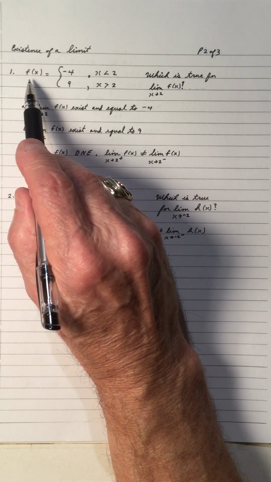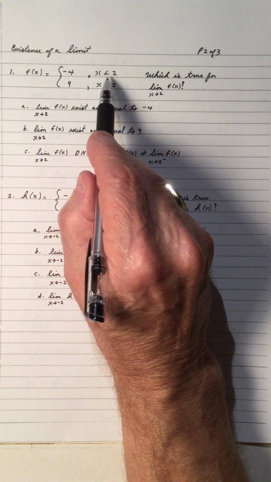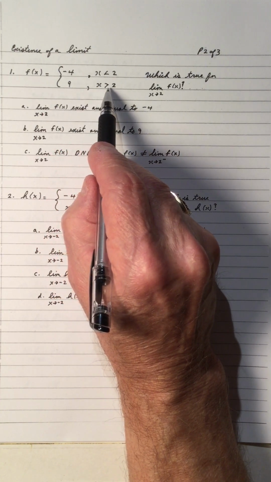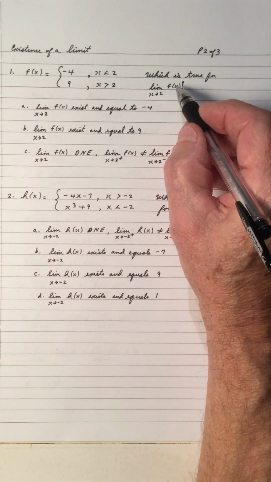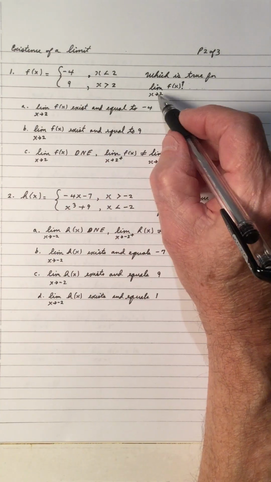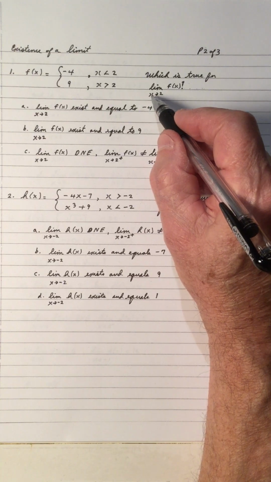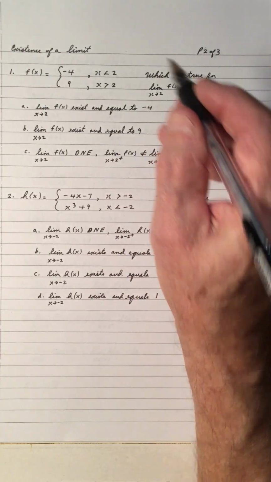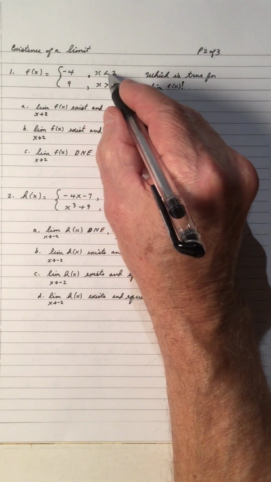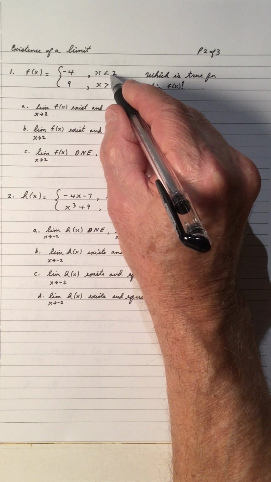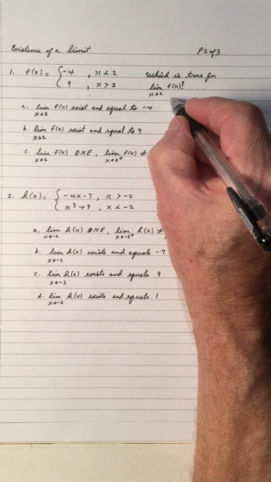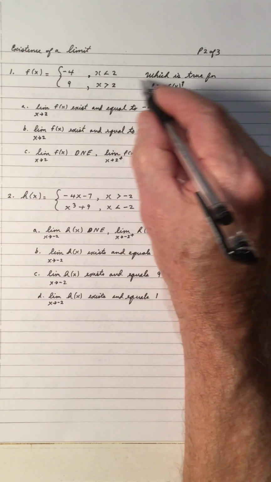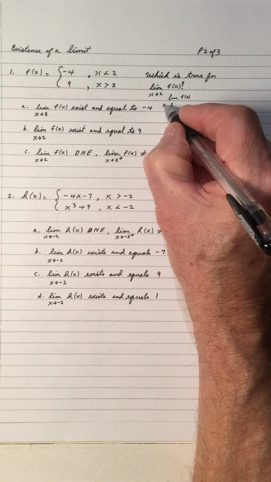Number 1, f of x equals -4 when x is less than 2 and is equal to 9 when x is greater than 2. Which is true for the limit of f of x as x approaches 2?